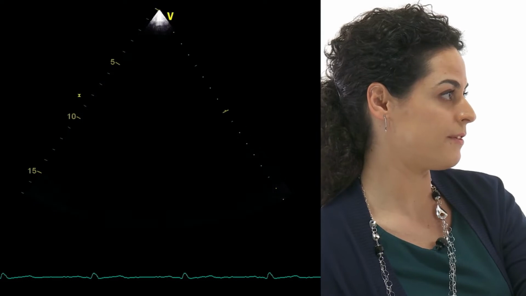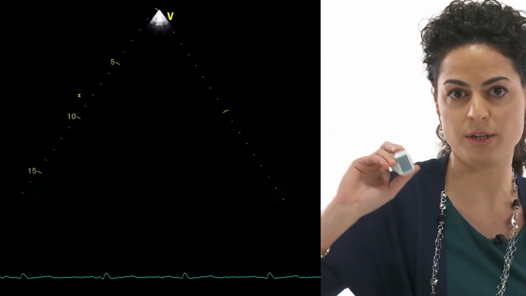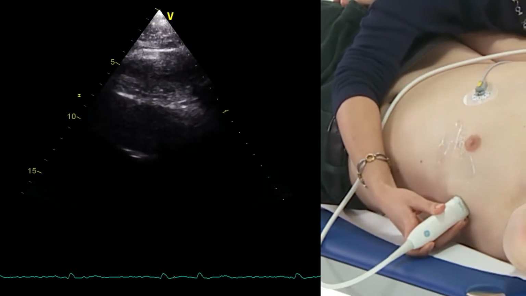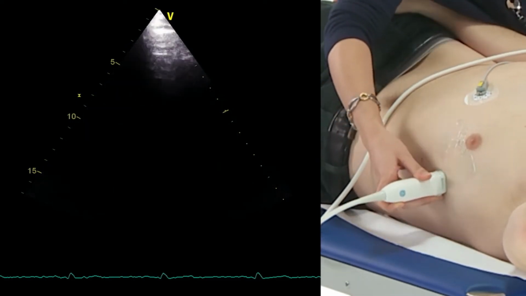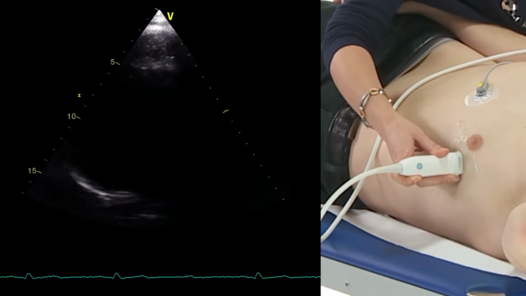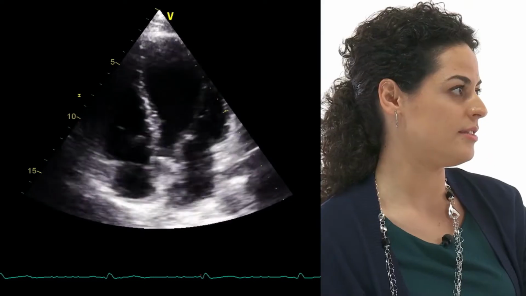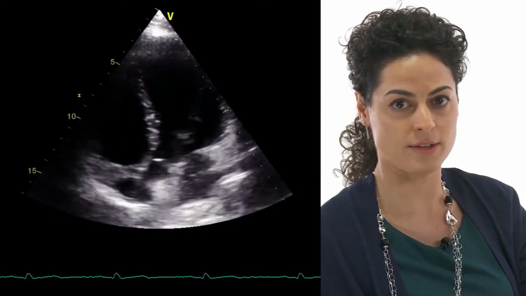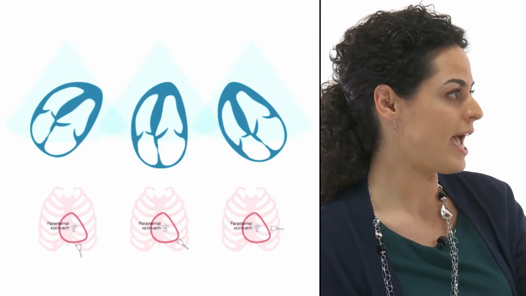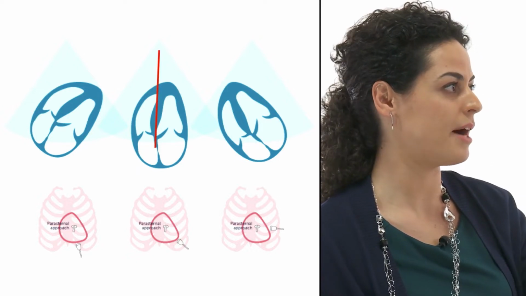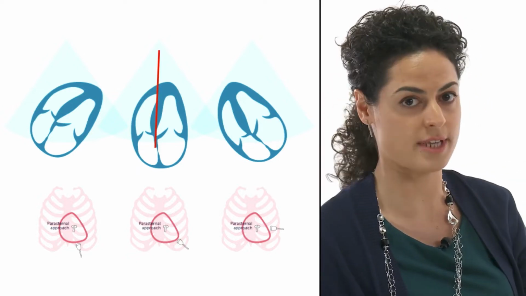So when we start with the first movement, actually when you put a probe on your patient, I recommend starting from lateral and going medially to get the 4-chamber view. This is actually a quicker way to get it. And make sure that the septum gets parallel to your ultrasound beam.